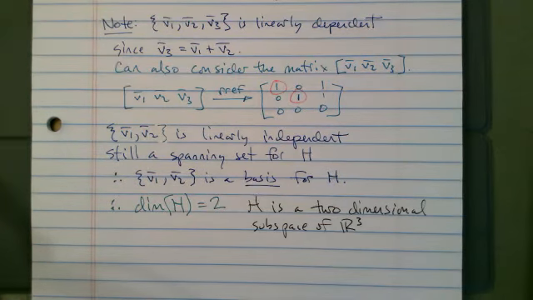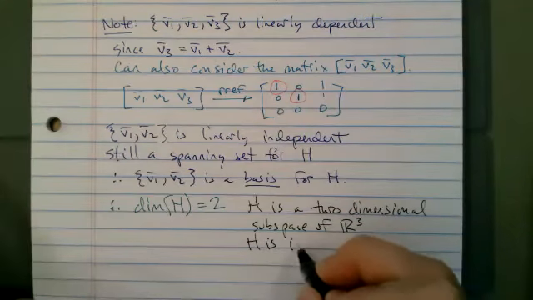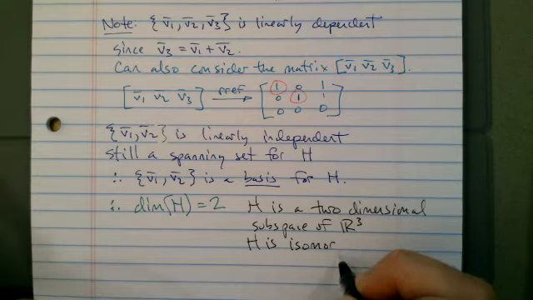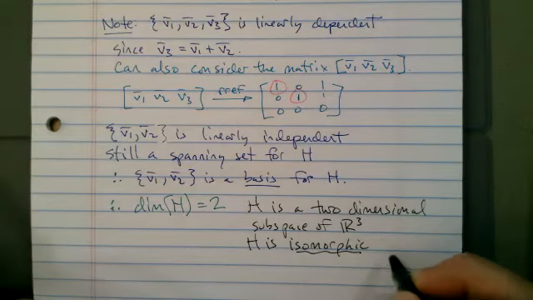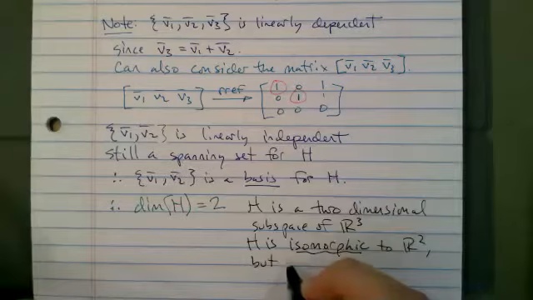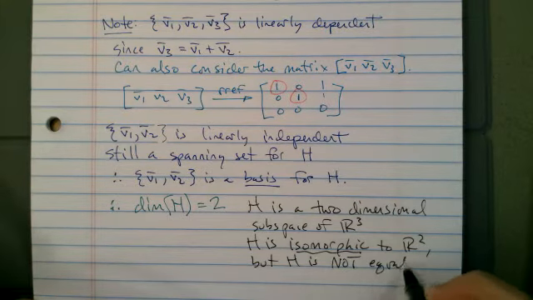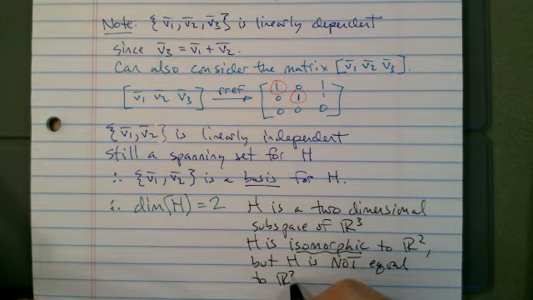H is isomorphic to R2. That is, it looks just like R2, but it is not equal to R2. That is an important distinction that some of us weren't making during the test. H is said to be isomorphic to R2, but H is not equal to R2.